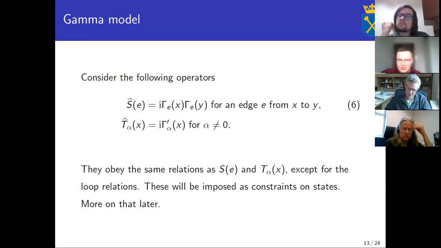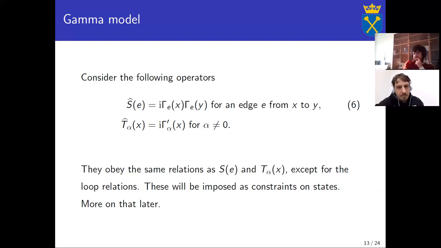Now I said that you impose something as a constraint on states, but a priori it is not obvious that any solution will even exist. But this has been checked, and I'm not going to go through all the proofs. I'm stating that you do that, but behind that there is work that had to be done to check that it actually works and that this is correct.